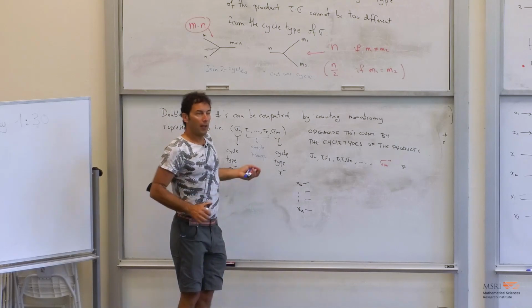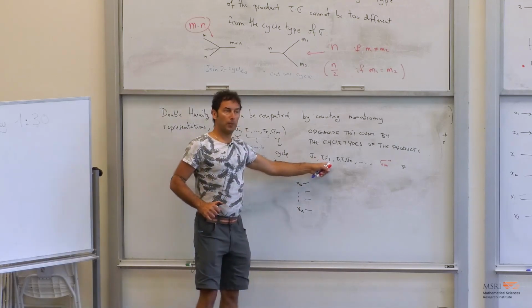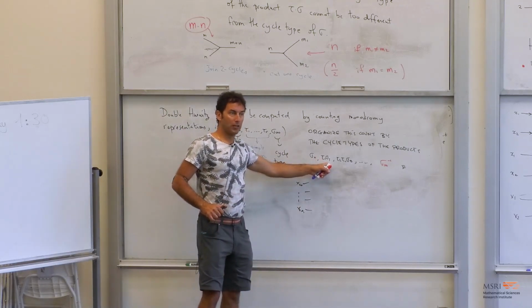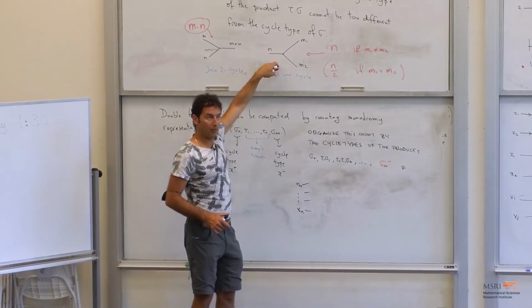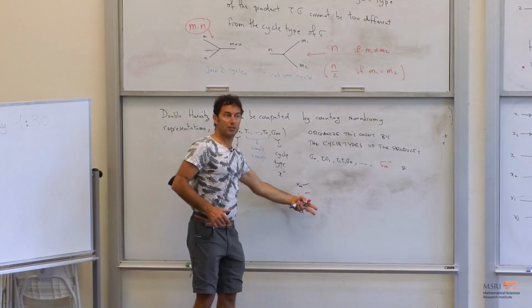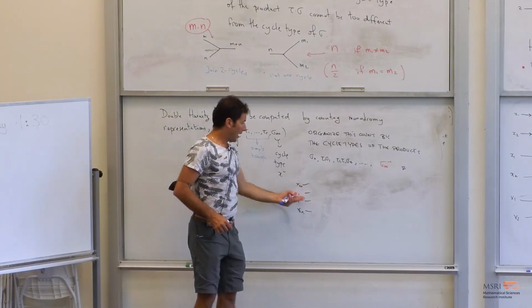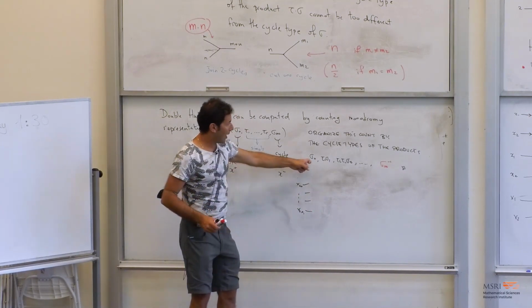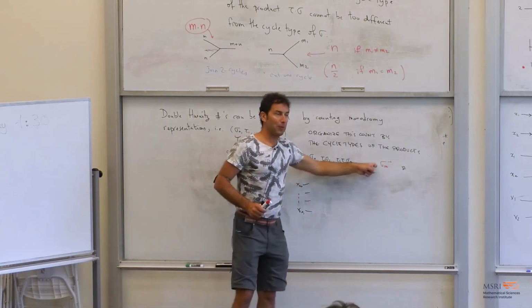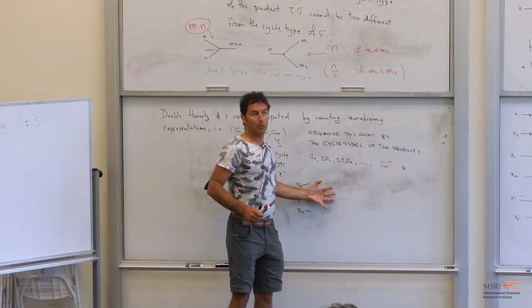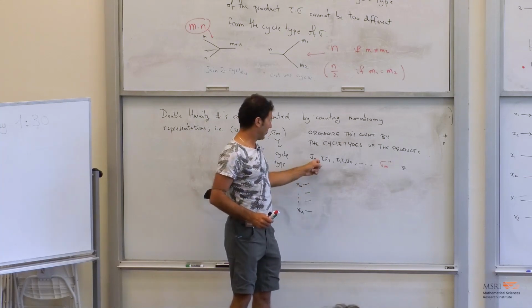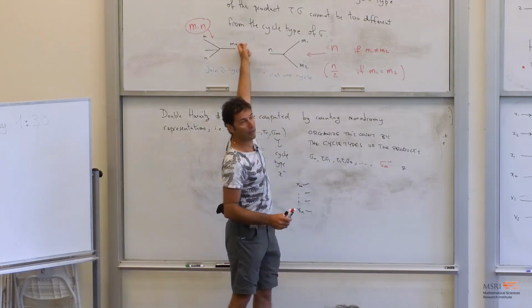And then after I multiply with the first transposition, I'm going to draw the corresponding trivalent vertex, depending on whether I've split a cycle or joined some cycles. And so you see that this graphical way of keeping track of all the possibilities gives rise to precisely monodromy graphs. Every time I hit with a transposition, I get a trivalent vertex.